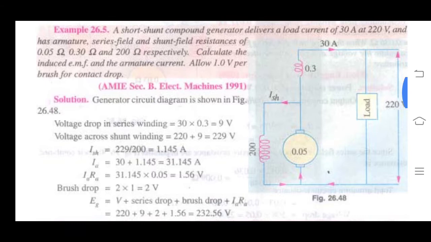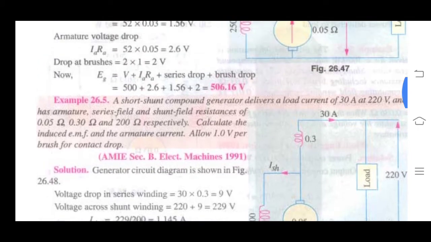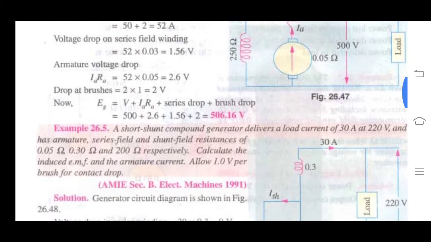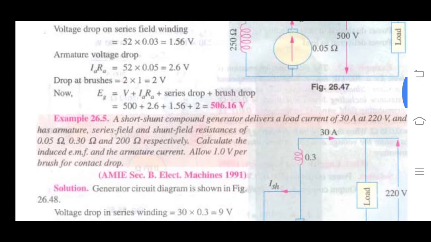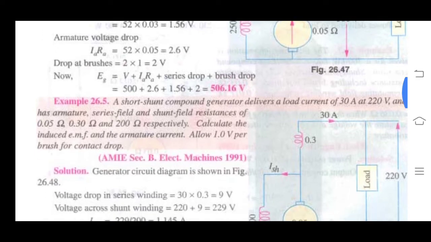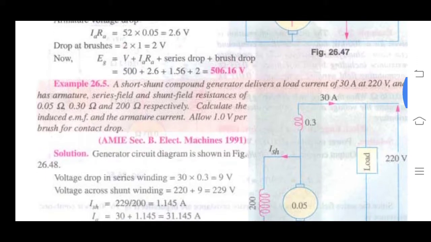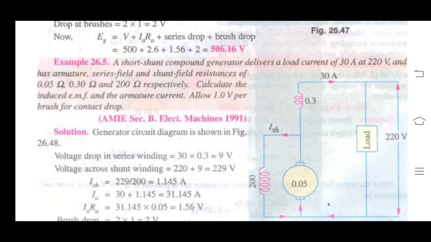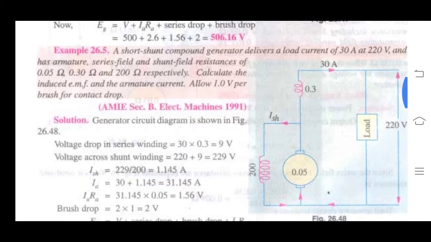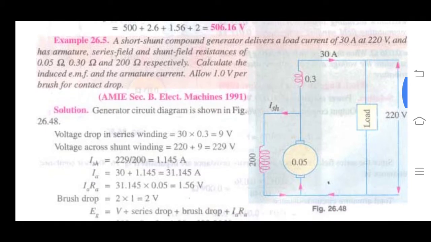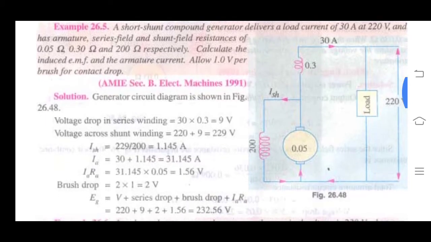As shown in the figure, a short shunt compound generator delivers a load current of 30 amps at 220 volts and has the armature, series field and shunt field resistance of 0.05 ohm, 0.30 ohms and 200 ohm respectively.